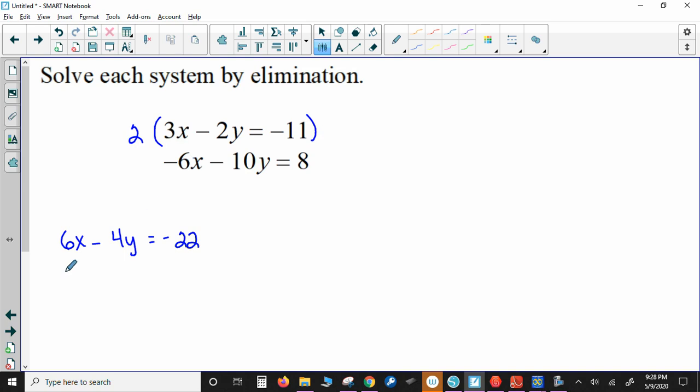All right, I'm going to rewrite this: negative 6x minus 10y equals 8. Remember, our goal was to get one variable to have the same number but opposite signs. I got one positive, one negative. This is exactly what I wanted. And the reason why I want to do this is I want to eliminate one of the variables by adding these two equations together.